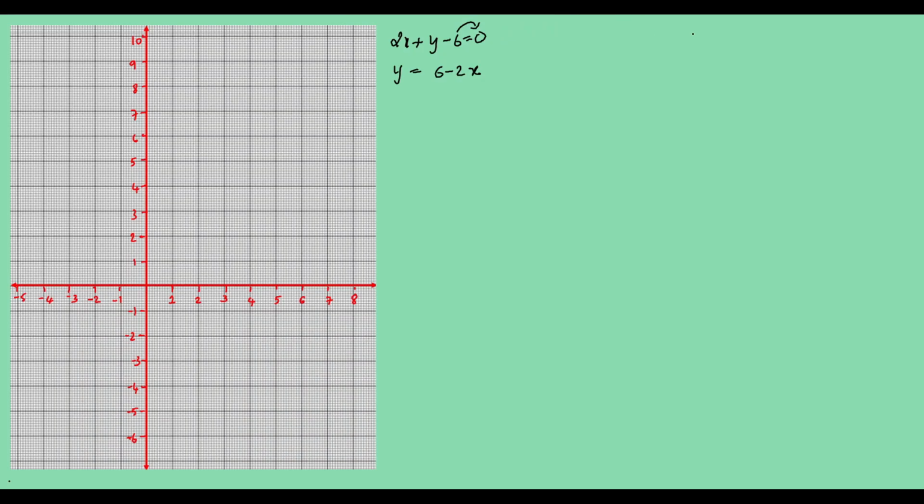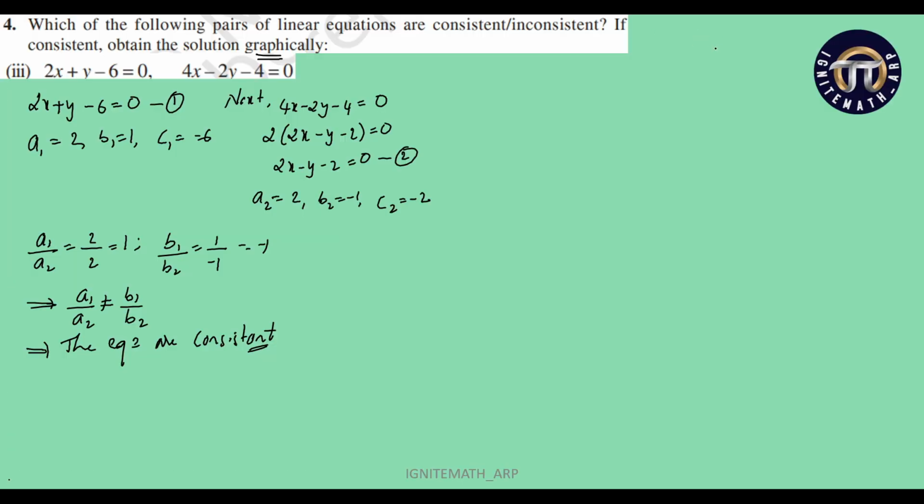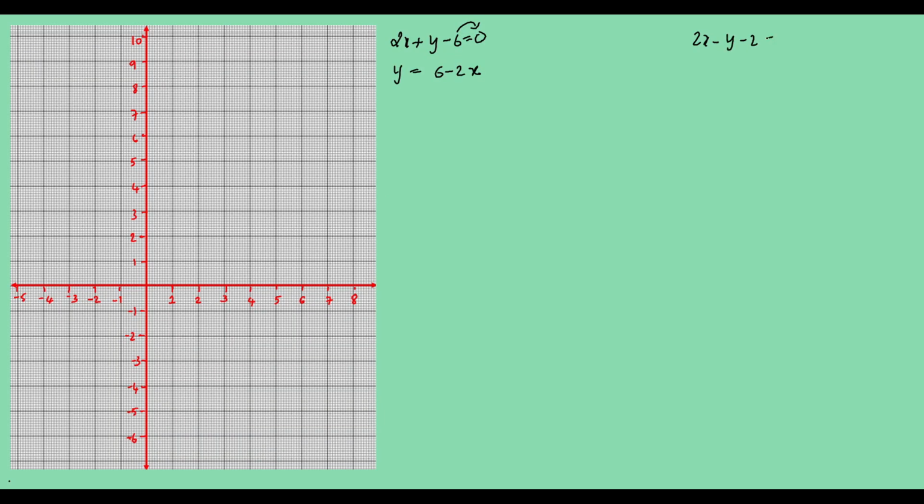Again I will take this y to the other side, so I get 2x minus 2 is equal to y. I can write it as y is equal to 2x minus 2. That is the second equation.